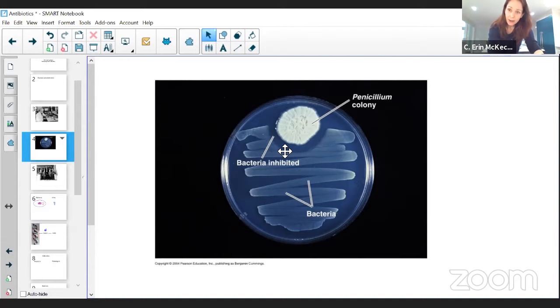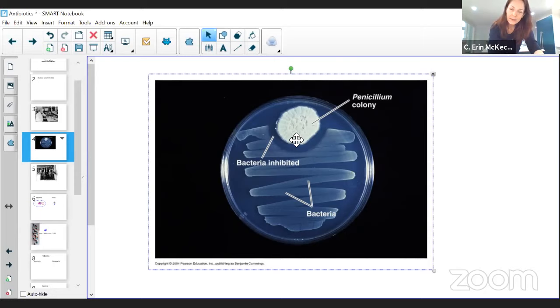And he had a hypothesis that the mold was producing something that was killing or inhibiting the growth of the bacteria. The mold that he had identified on his plate was a type of penicillium mold. And they ended up naming the substance that this mold produces penicillium.